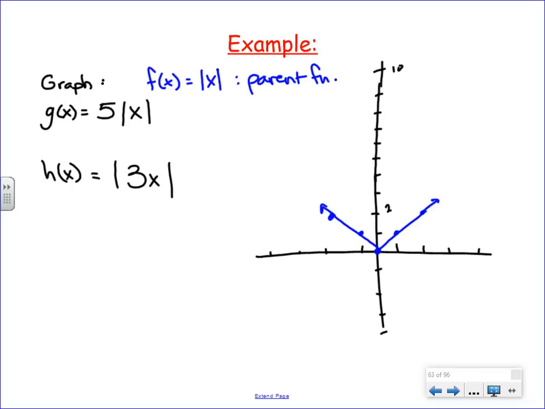The highest I went was 2, and what's multiplying by 5? It's on the outside. I have what kind of stretch? Vertical stretch, and I'm going to say dilation by 5. Why am I saying dilation by 5? Or I could say factor of 5.